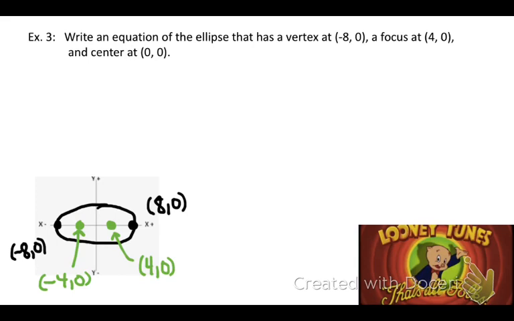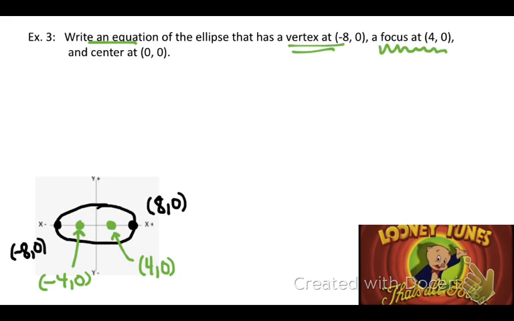In example 3, again, we're asked to write an equation. We're given the vertex again, but this time we're given the focus instead of the co-vertex. So I went ahead and plotted my negative 8, which meant I had a positive 8. And for my focus, I have negative 4, 0 and 4, 0.